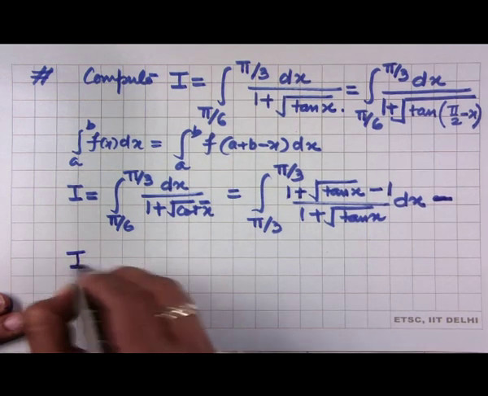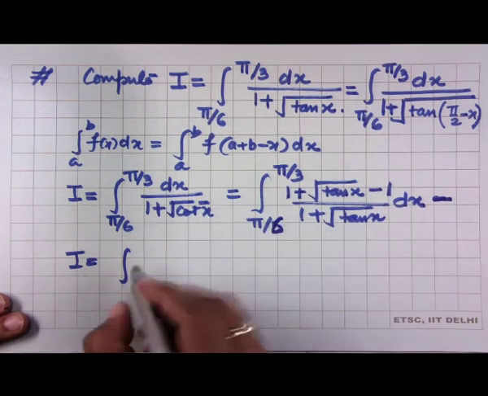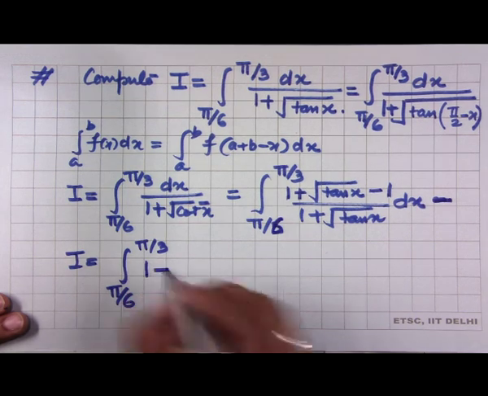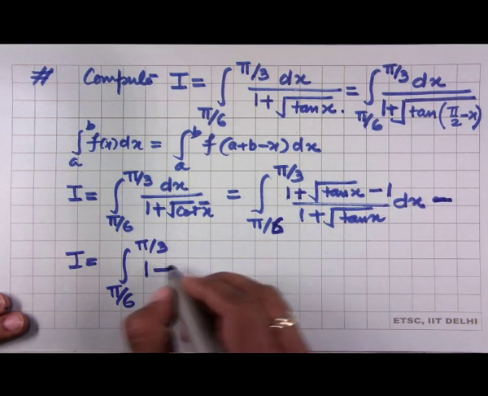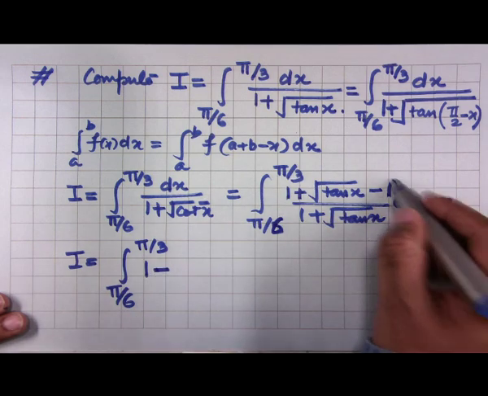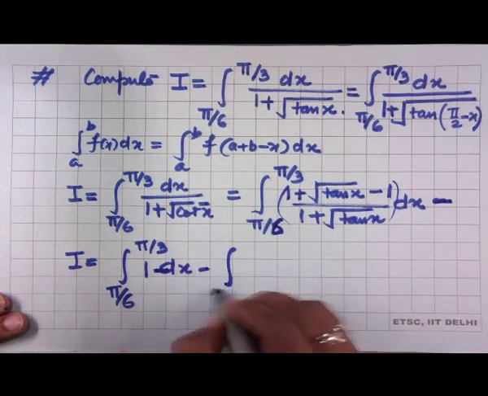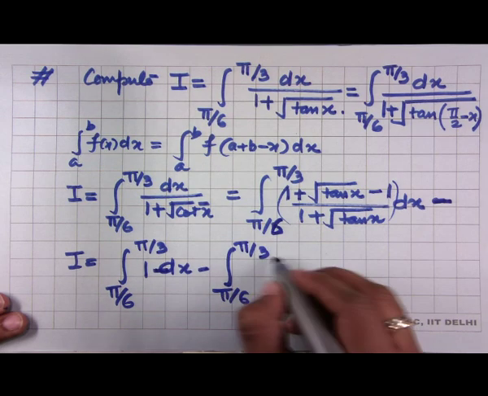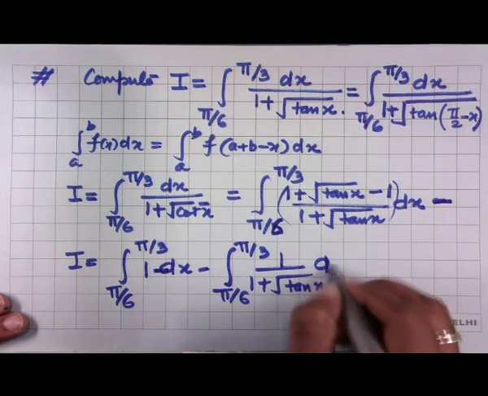So you get I equals to, this is pi by 6, the integral from pi by 6 to pi by 3 of 1 minus... So this we can break into two parts. One integral like this, then another one, pi by 6 to pi by 3, 1 by 1 plus root tan x dx.